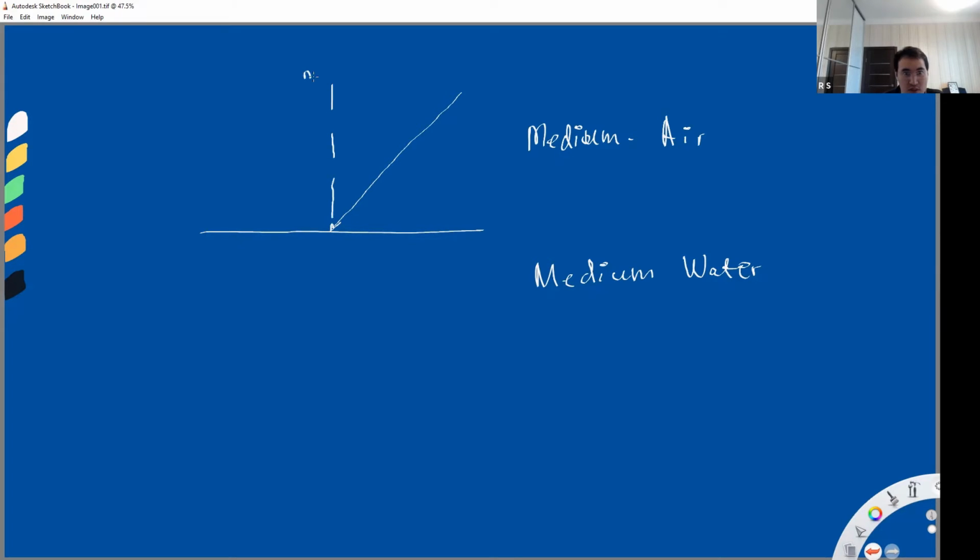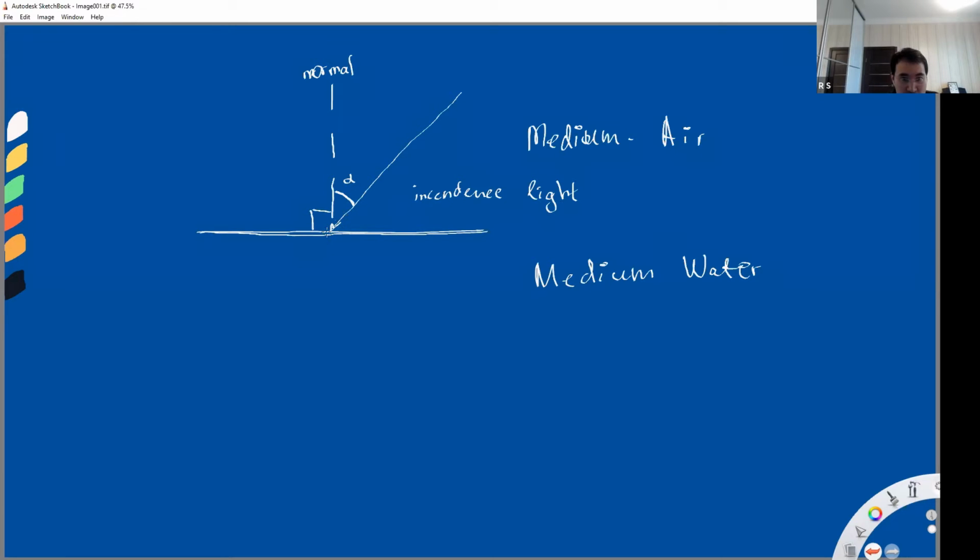So this is called the normal, and it's perpendicular to the surface, or to the border between these two media. And we have this incident light. Right. And we have the angle here, and this is the incidence angle.